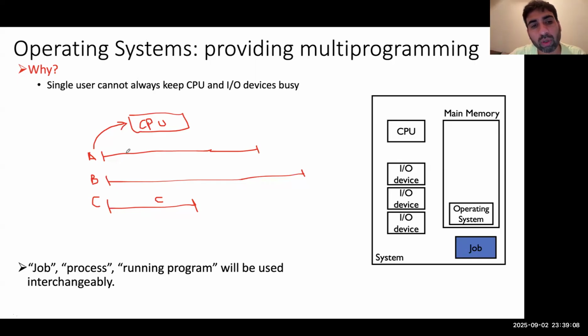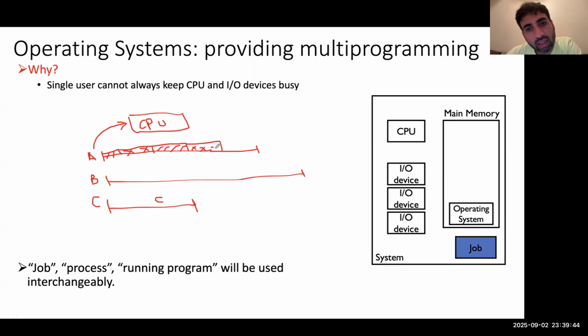So here we have some compute, and I'm putting this cross to indicate that here this process wants to do some IO or access the memory, and after that it again does some compute, and again performs some accesses to IO devices.